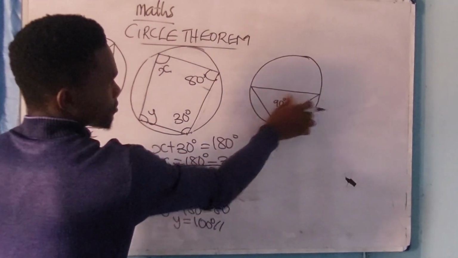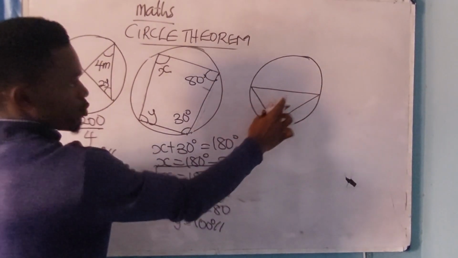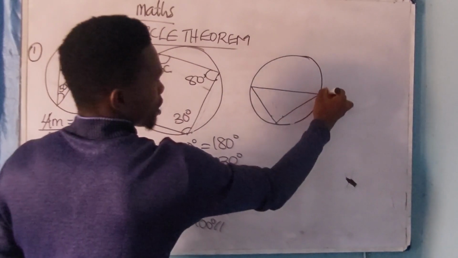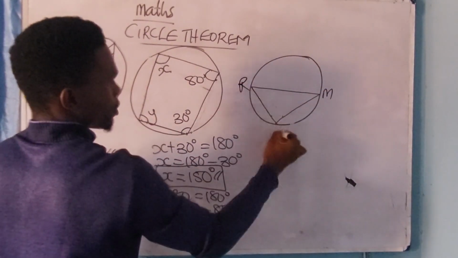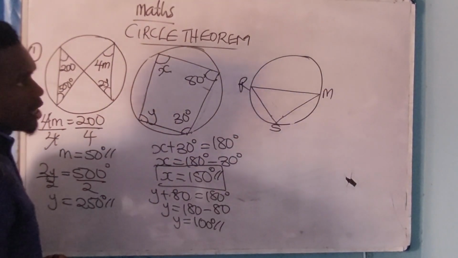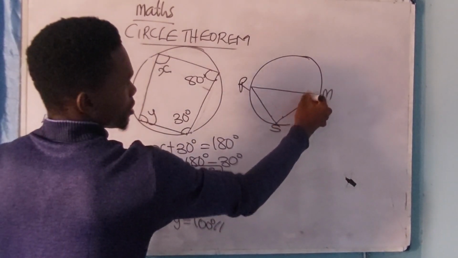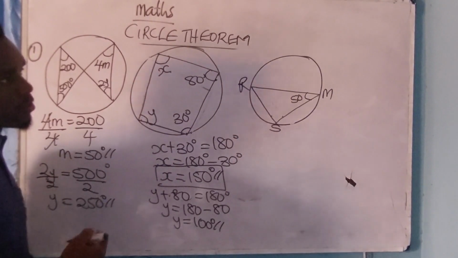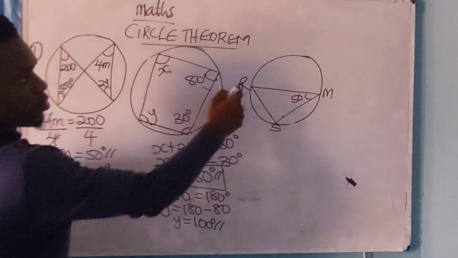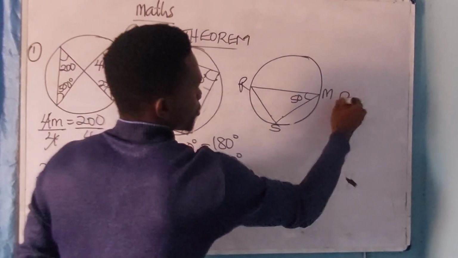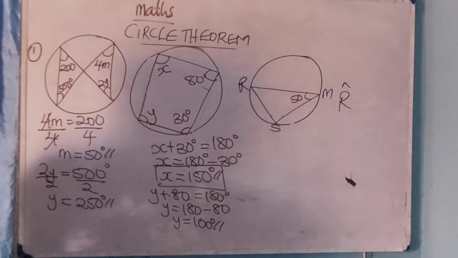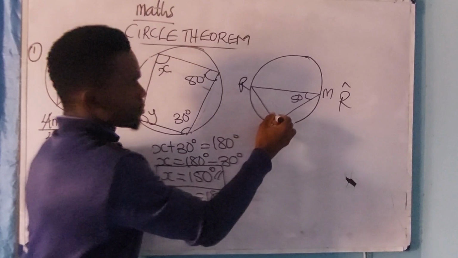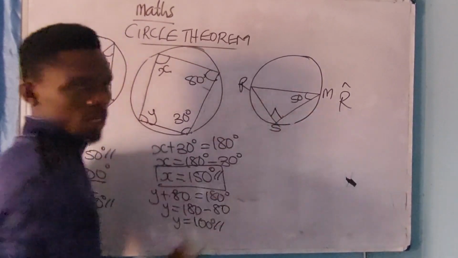Now if I assume this to be a question, I'll not put this sign. I'll make here M R S. Now I'll put here maybe 50. Then I'll tell you to look for r, the angle at R. To look for the value of r, the first thing you do is look at it very well. Angle 90 has been formed here.